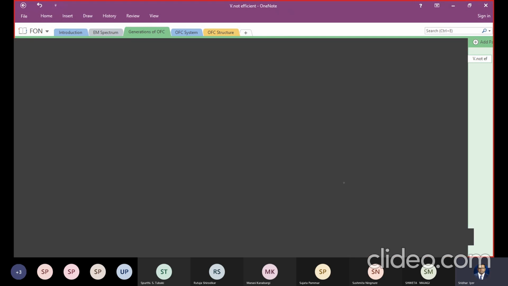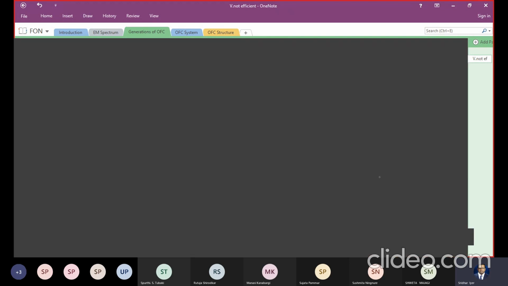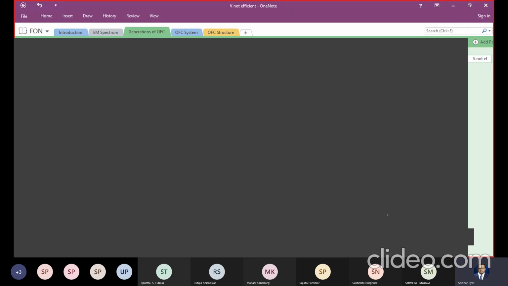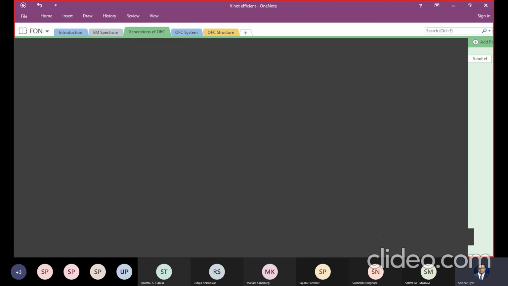The source was laser. The detector which we used here is the avalanche photodetector. It's an enhanced version of the pin photodetector. The A stands for avalanche. Avalanche in English basically means multiply.